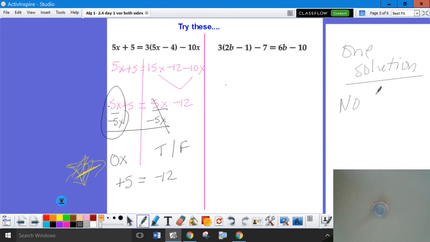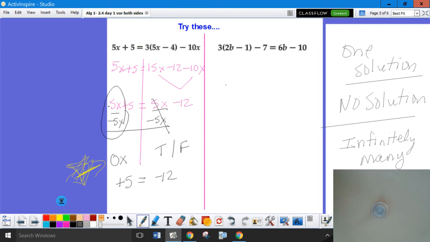Then we also have some that are no solution. There are no numbers that make those work. There's no answer, okay? And then we also have infinitely many, or this double-legged R, which stands for all real numbers.